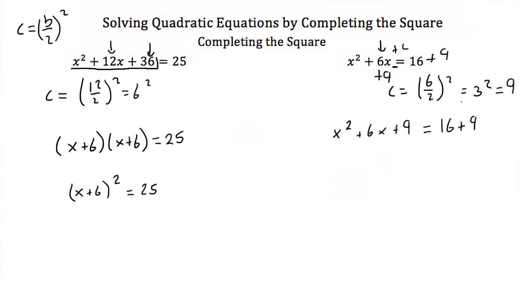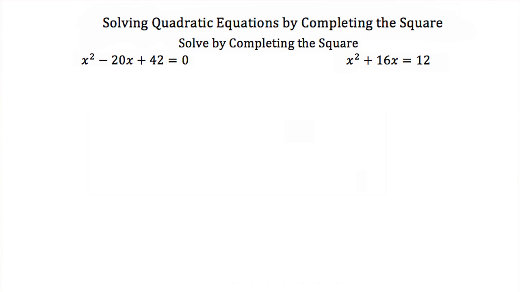Now by adding this 9 to both sides, I've made the left-hand side here a perfect square trinomial. And I can factor this out into x plus 3 squared. Now 16 plus 9 is 25. So I found that the factored form of this equation is x plus 3 squared is equal to 25. By adding this 9 to both sides, I have forced the left-hand side of this equation to become a perfect square trinomial. And when you do this, that's called completing the square.